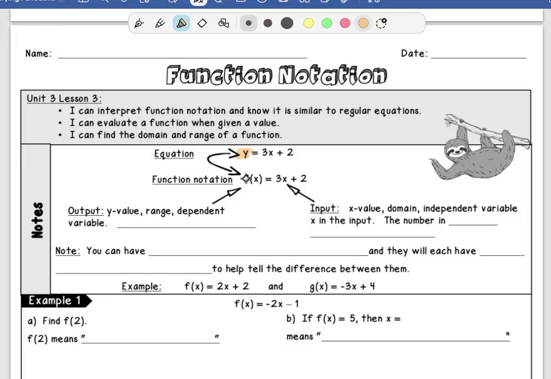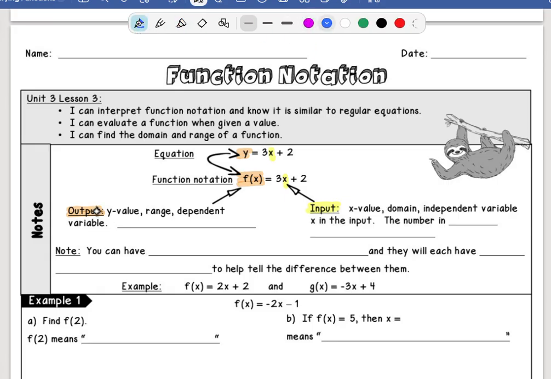This y on this side, we can simply replace with f of x. That's our fancy style. And this regular x is still regular x over here. That regular x is going to be our input, and that y, or f of x, is going to be our output. Alrighty, let's write some notes about that.